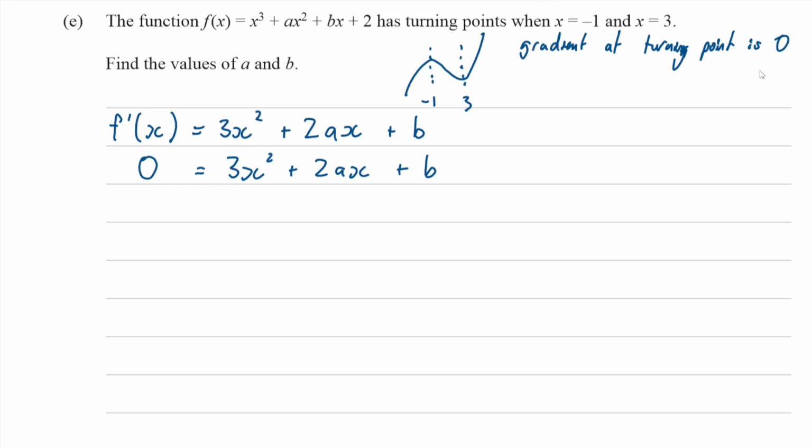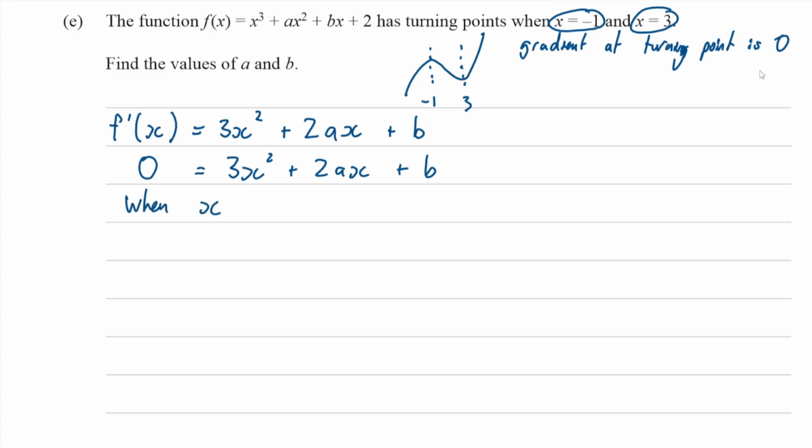Now, looking at this, it's one equation, and I see 1, 2, 3 unknowns. So that's not very helpful. In other words, we can't solve it yet. However, we are given 2 x values of the turning points. So let's use that information now.